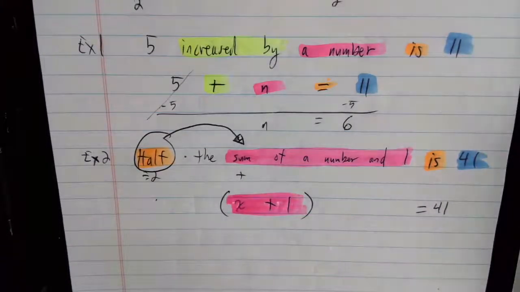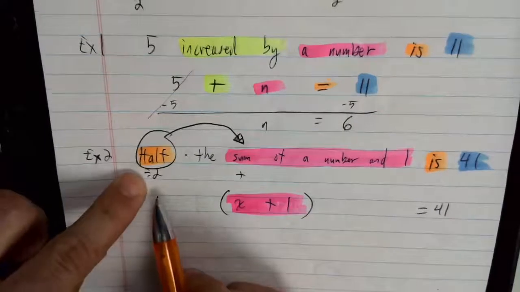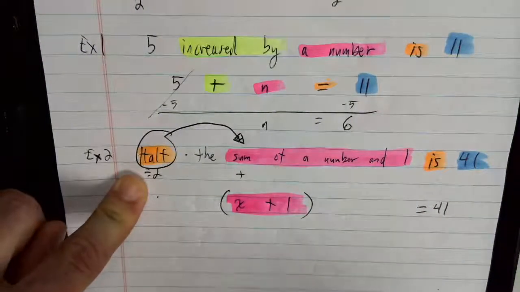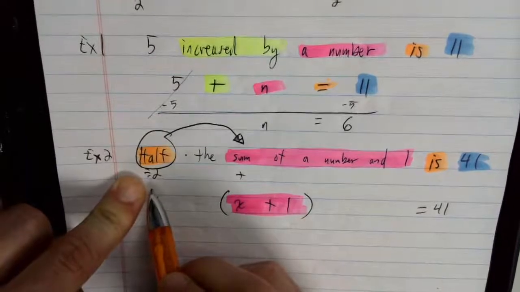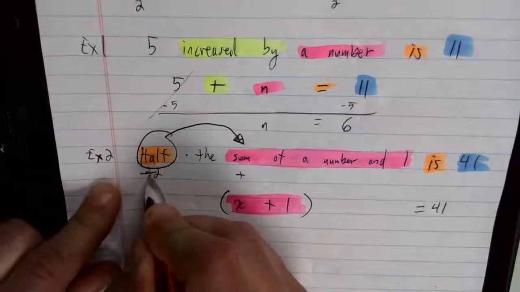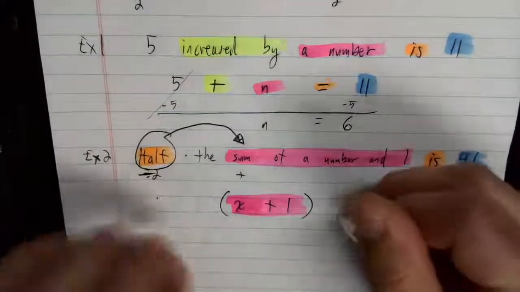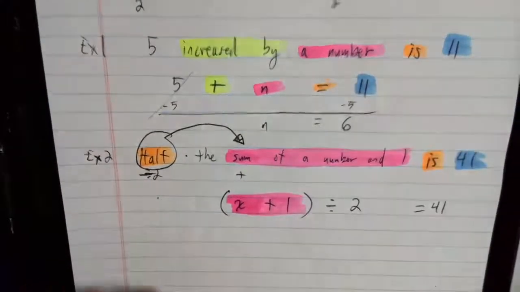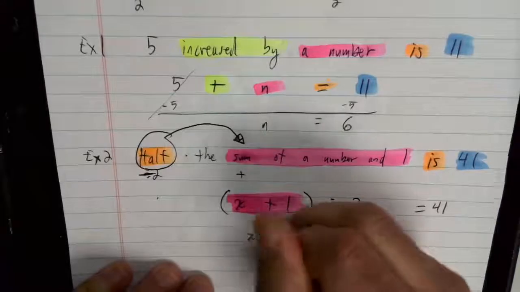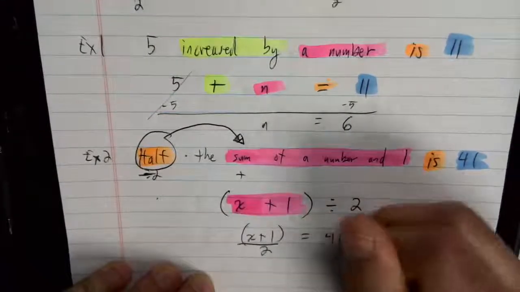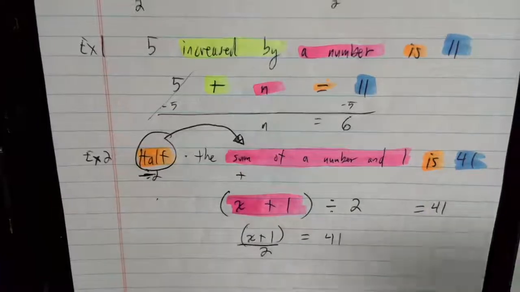And then how do I take half of it? Over 2. We can put divide by 2, but Quentin's moving forward because you heard me say the division symbol's going away soon. Some of you don't seem happy about that. But division looks like a fraction. It is a fraction. So we could put divide by 2 like that, but I think you should take Quentin's advice and write it this way. Over 2 equals 41. Like that. Okay?